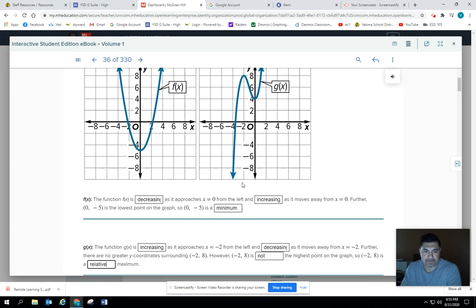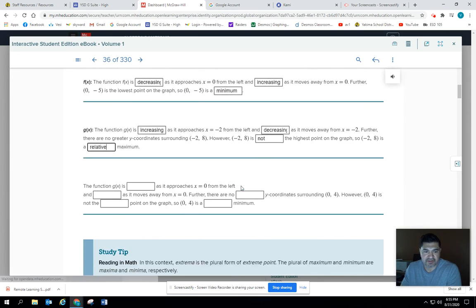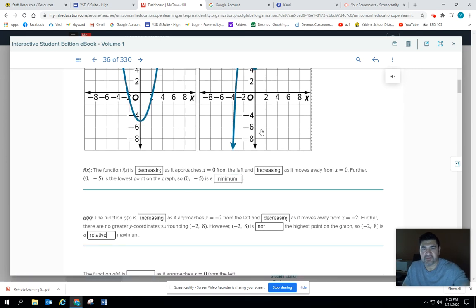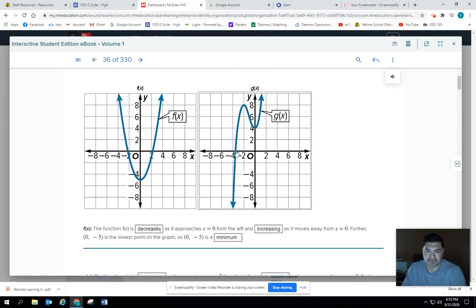Okay, now let's go ahead and look at the next part. The function g of x is blank as it approaches x equals 0 from the left. So as x approaches 0 from the left, what's happening?